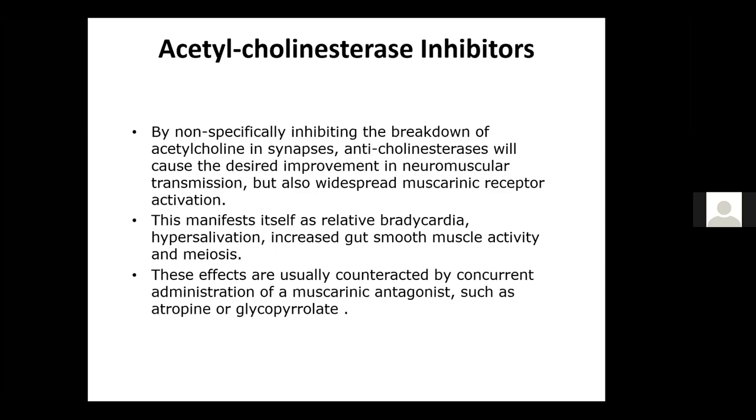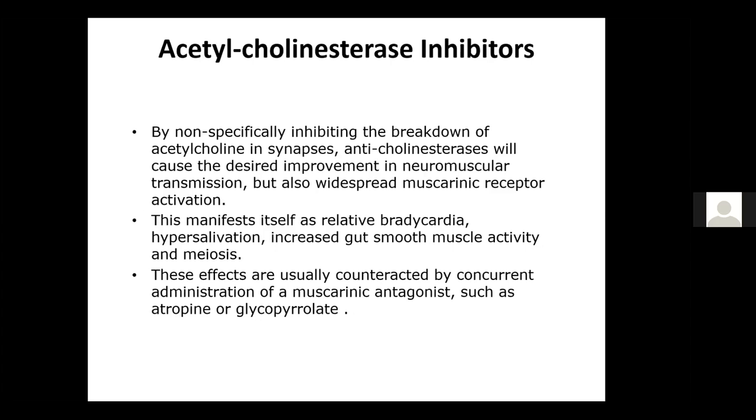I think you will talk about them when you talk about muscle relaxants. Okay. Now, they are all anticholinesterases, because remember when acetylcholine is released in the synaptic cleft and it goes on the acetylcholine receptor, stimulates it, and then it's broken down by acetylcholinesterase and recycled back into the preganglionic.